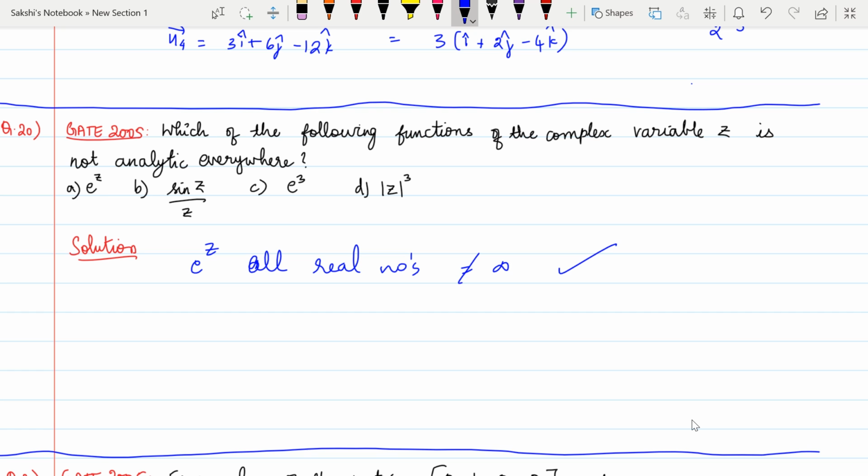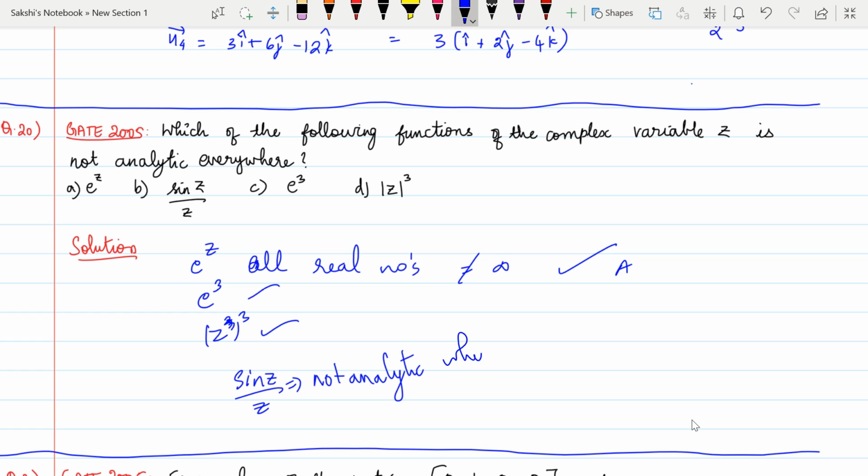Therefore, this is analytic. And e cube, there is no z term over here, so this is real. And z cube will also be analytic. Okay, only sine z by z is not analytic.